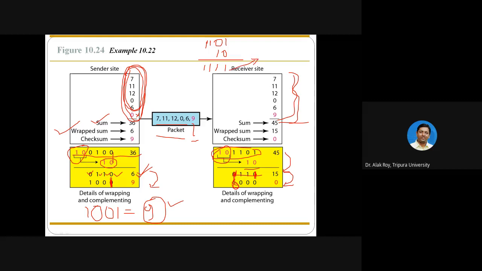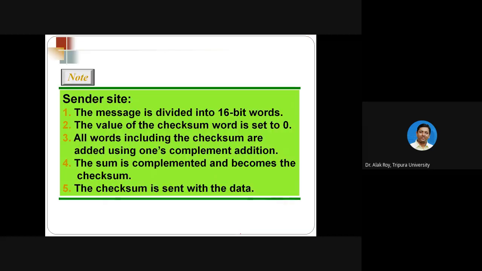The complement of it will be 0, 0, 0, 0. So this is mistakenly printed as 0110, but it should be 41. If it is 41, then the binary complement of this will be 0000. Since it is 0000, accept the bitstream, otherwise discard it. So this is all about your checksum concept.